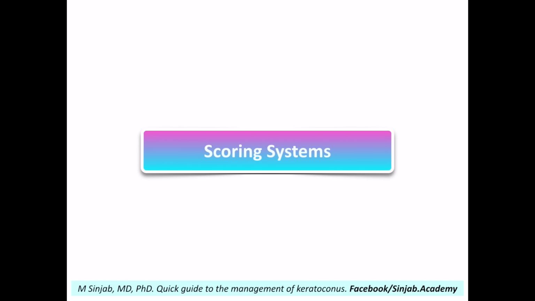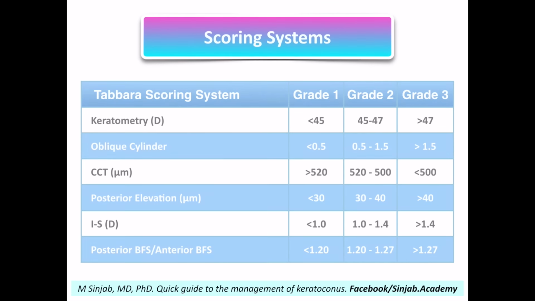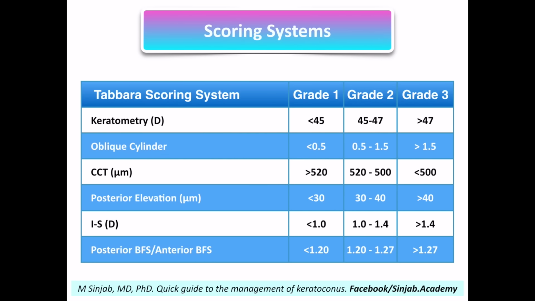Now, in order to predict the risk of developing ectasia after photorefractive surgeries, there are two major scoring systems. The oldest one is the Tabbara scoring system.